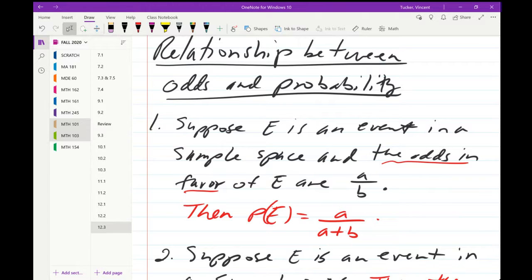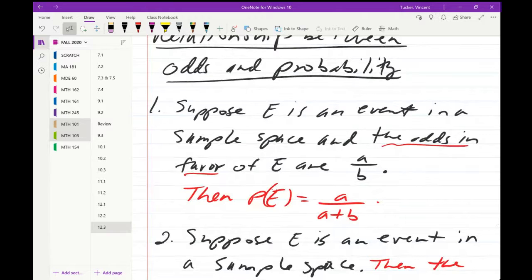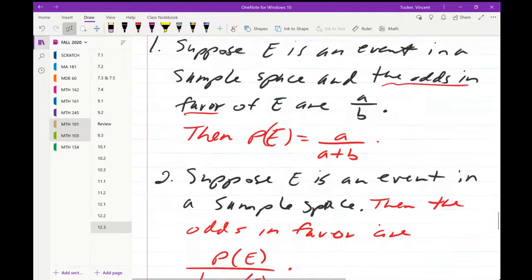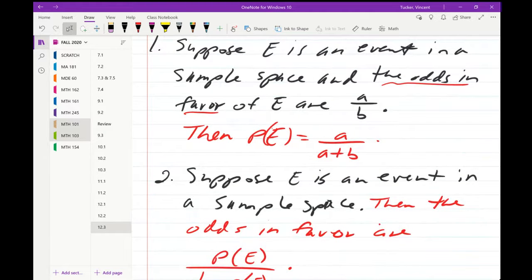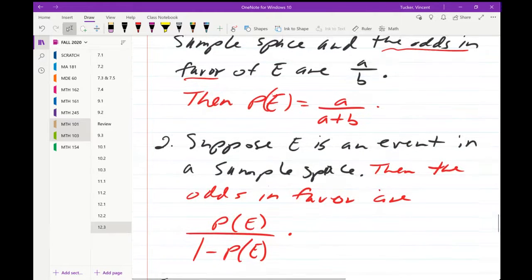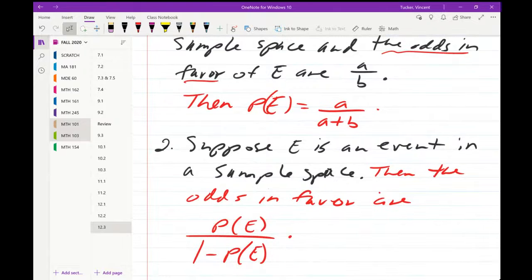Suppose E is an event in the sample space and the odds in favor of E are A over B. And you calculate the probability as A over A plus B. I underline the odds in favor, make sure that you pay attention to that. And it says suppose E is an event in the sample space, the odds in favor are the probability over 1 minus the probability.